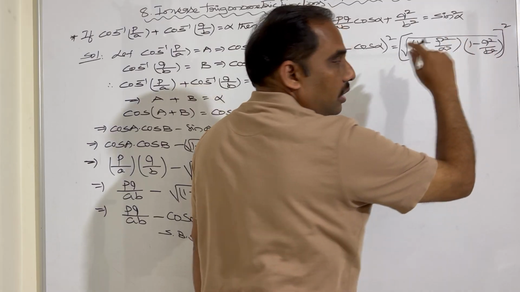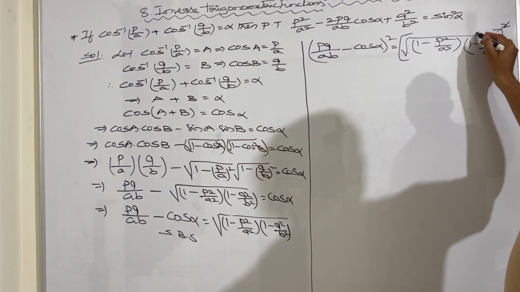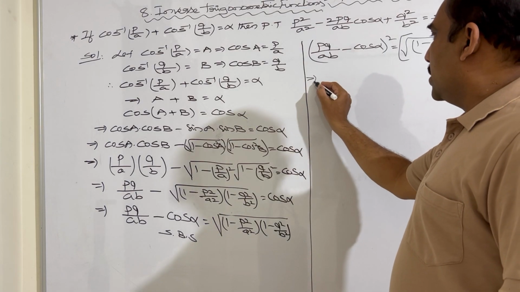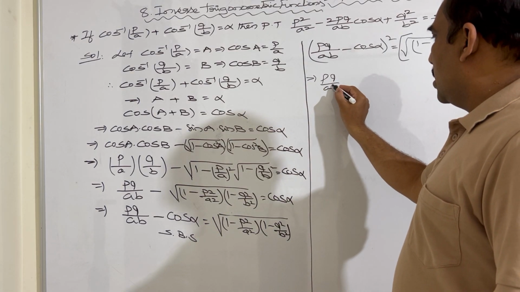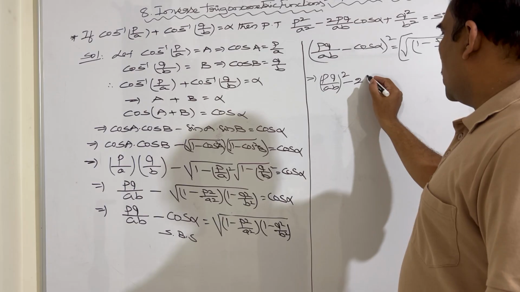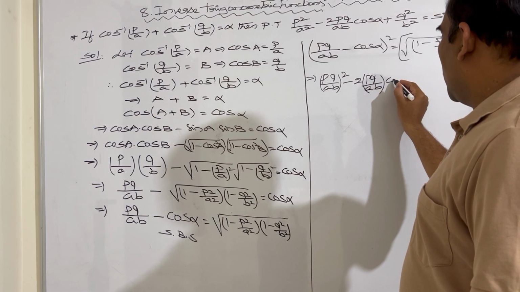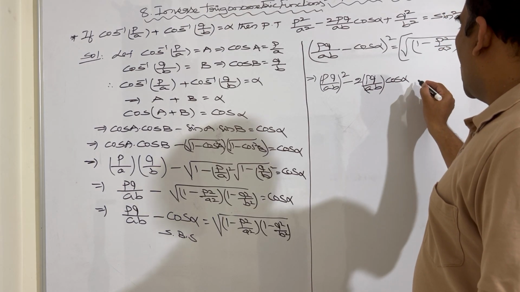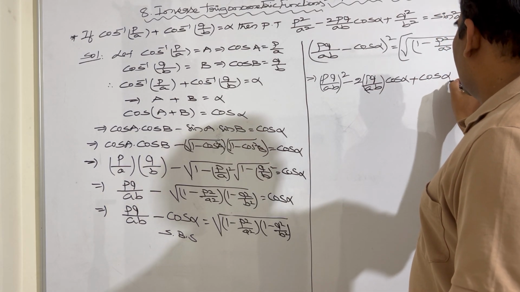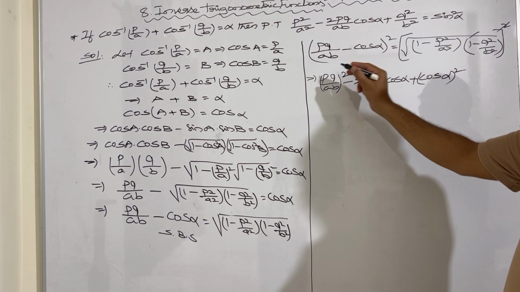Here the square and root get cancelled. On the left side, expanding by using a minus b whole square, we get a square, that is pq by ab whole square, minus 2 into pq by ab into cos alpha, plus b square, which is cos alpha whole square.